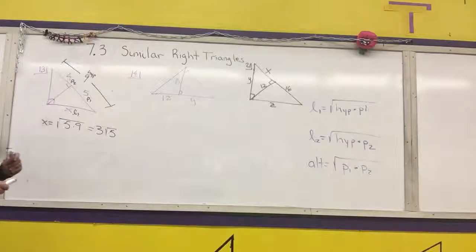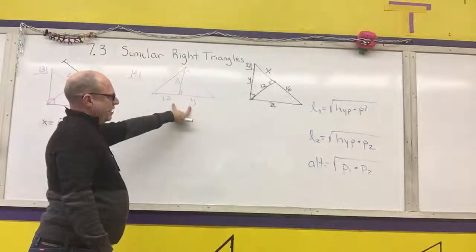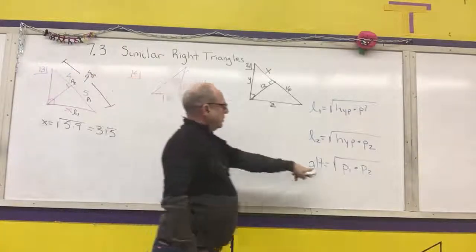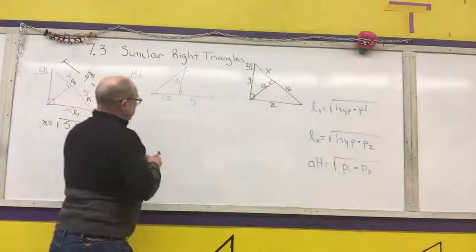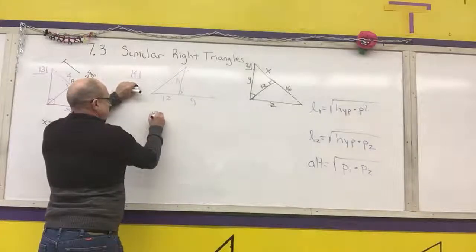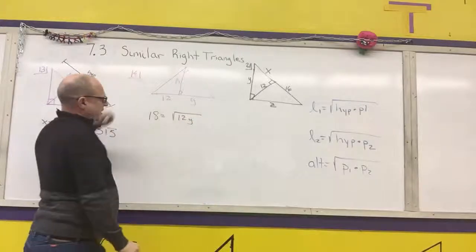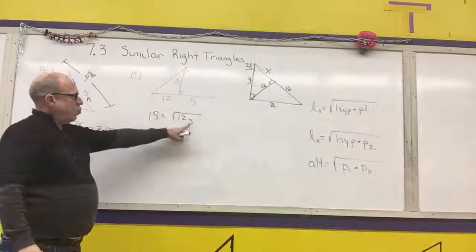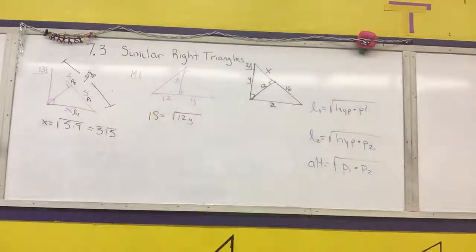For 14, I'm given an altitude and the two pieces. That's the way I'm going to write my equation. I know that the altitude is equal to the square root of the product of the two pieces. I need to get y by itself, so I'm going to square both sides.